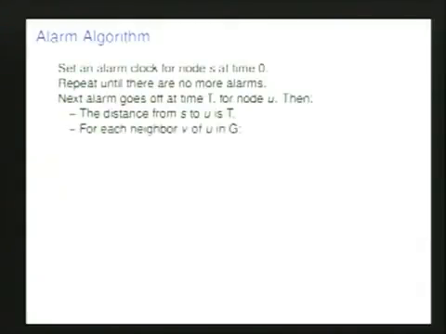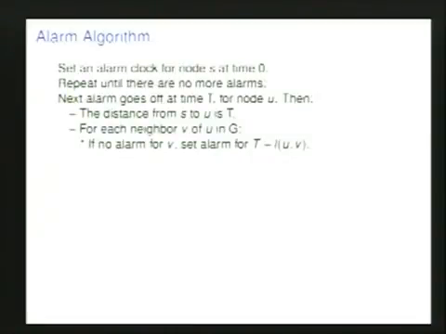Okay, so for each neighbor v of the node for which that alarm was associated, if there's no alarm for v, we set an alarm, because we've gotten to this node and we know there's a path, there's an edge of length L of uv, and there's that many hops in the breadth first search algorithm.